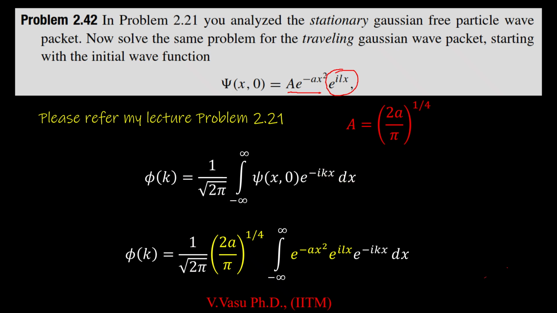Now, you know psi of x and 0, which I have shown in the yellow color band. This is the normalization constant, and this is the wave function at t equal to 0. Now I am multiplying the same by e power minus i k x dx.